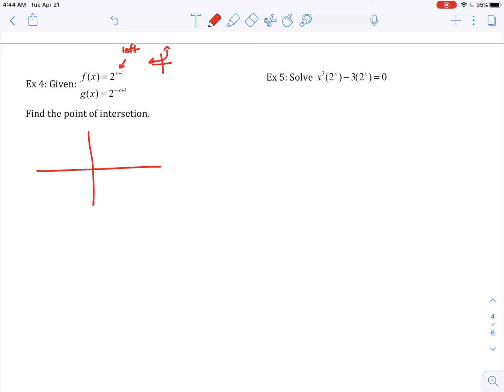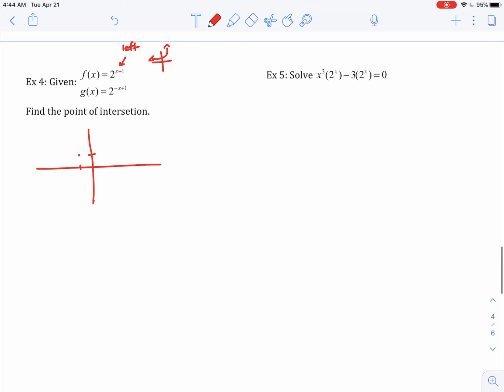So if I was at the point 0, 1, which was our y-intercept, I would now be over here at -1, 1. So my graph would be doing something like that. And we know our y-intercept, if I were to replace x with 0, would be 2. So there is our graph of f of x.